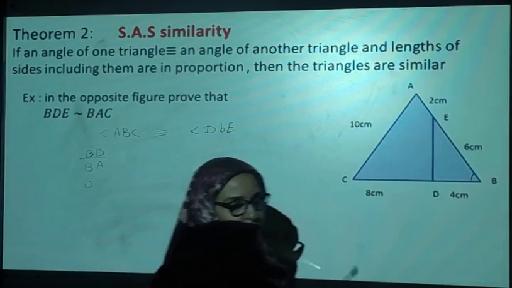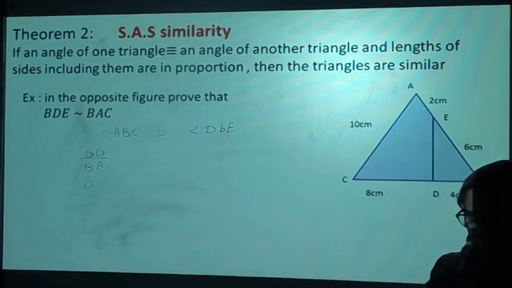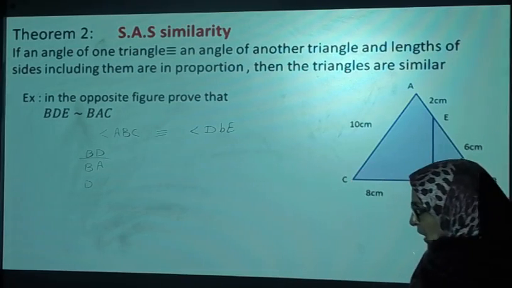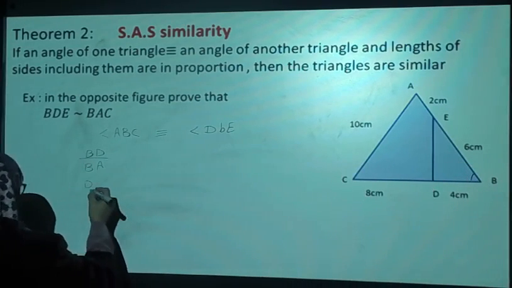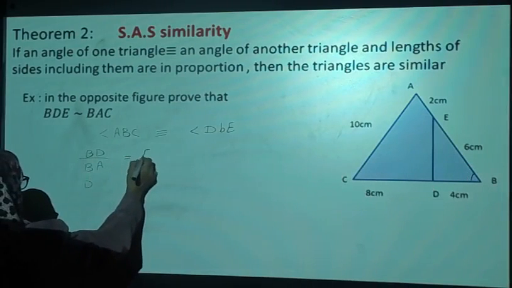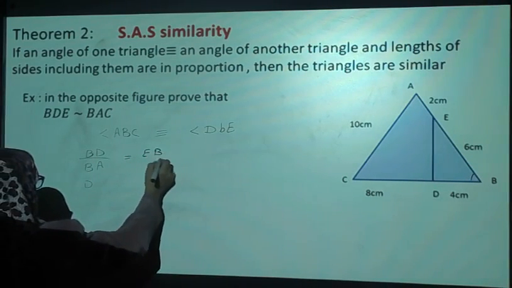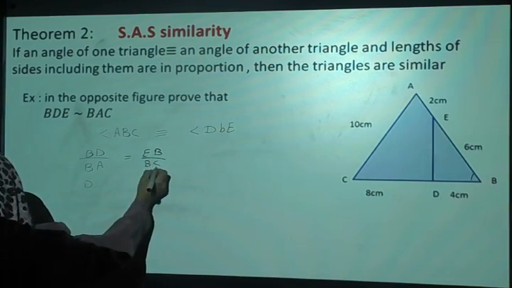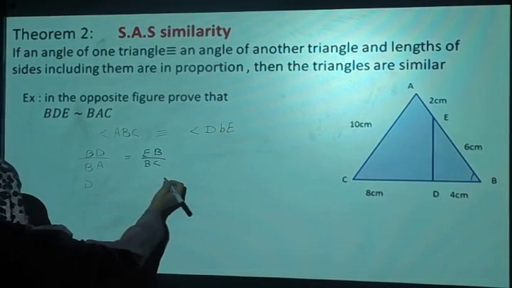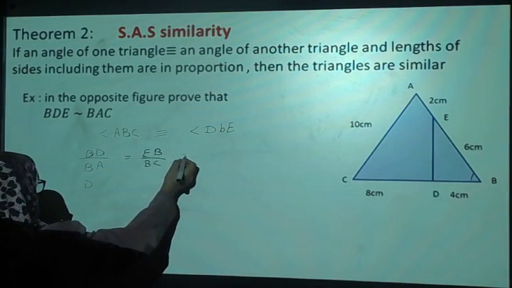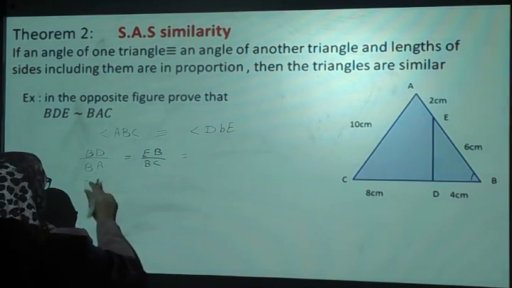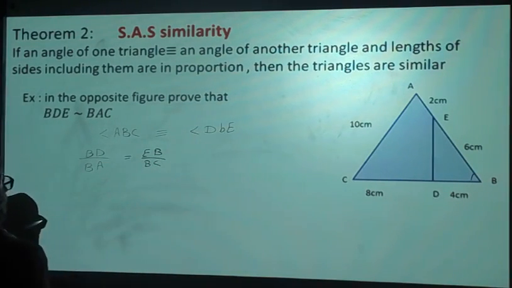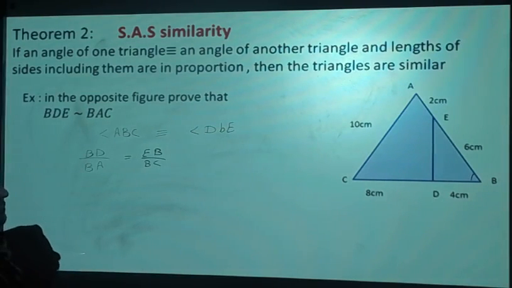So now we need to prove that EB over BC equals BD over BA.